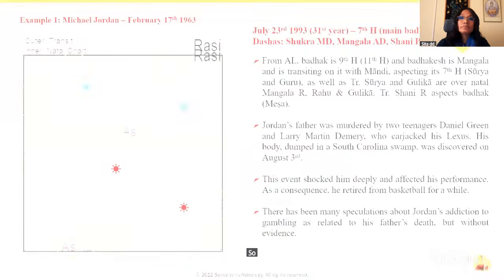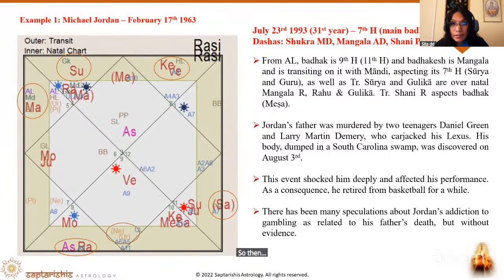So then, from Arudha Lagna, the Badhaka is the 11th house, Mesha, and Badhakesh is Mangala, or Mars. And Badhakesh is transiting with Mandi again, and is aspecting again Surya and Guru.